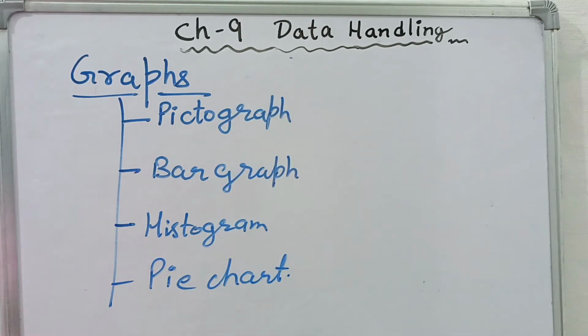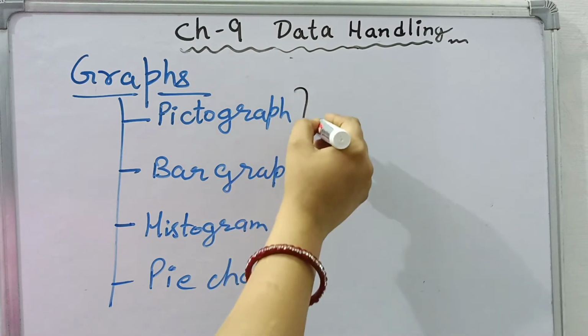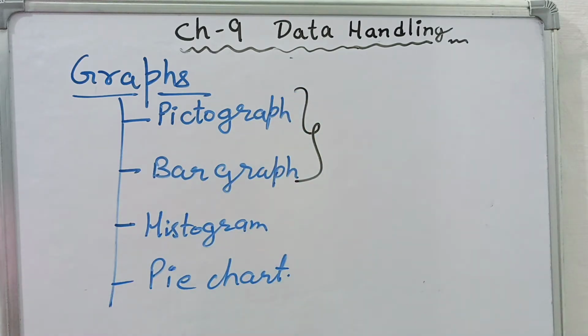These are certain graphs which are used for arranging different data. But we are going to study only pictograph and bar graph, because for our class this is the only one in the syllabus.